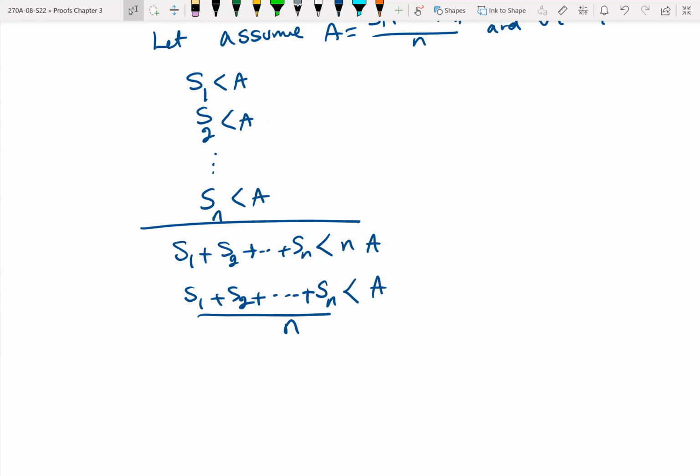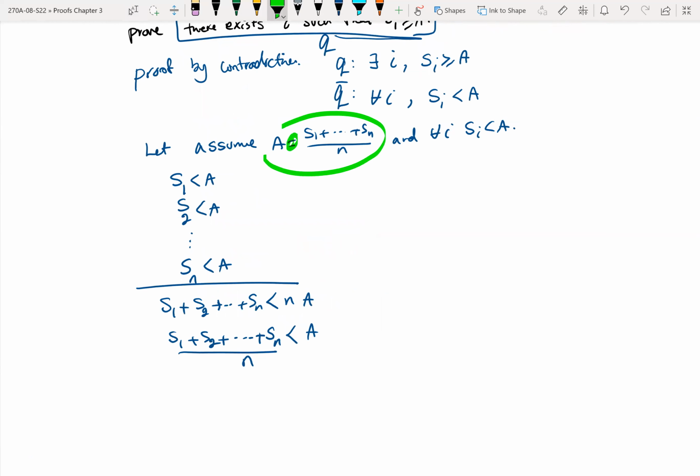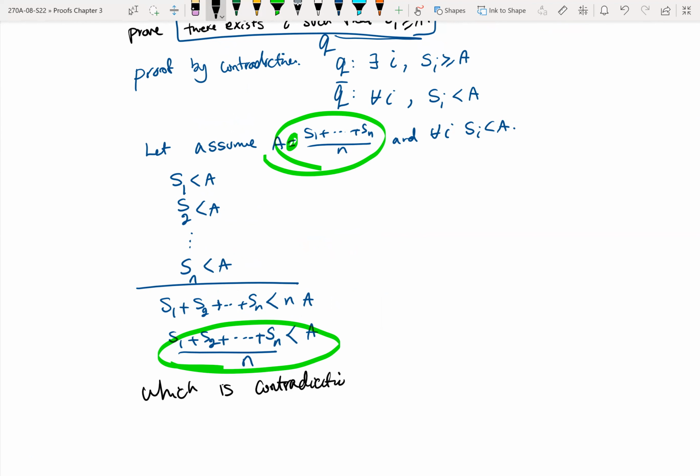The assumption says this number is exactly equal to A, but now it has to be less than A. So that's a contradiction, by the hypothesis of A being S1 through Sn divided by n.